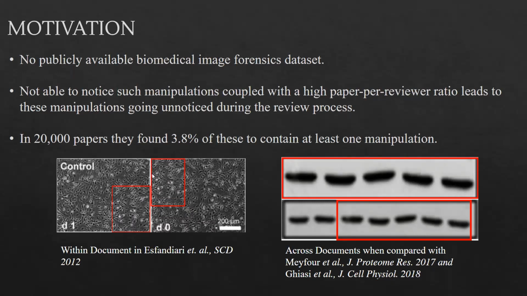And as we can see, out of 20,000 papers, at least 760 papers contained one manipulation, which tells us the real basis behind this. That 760 papers is approximately 3.8%.